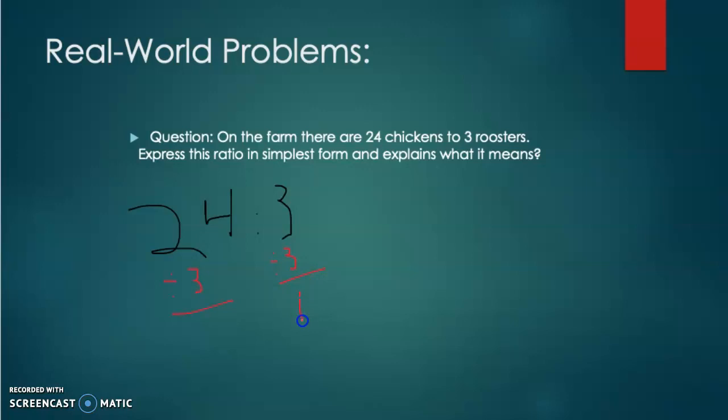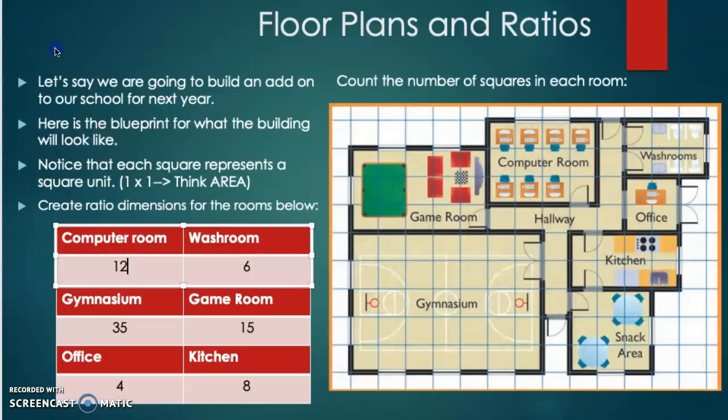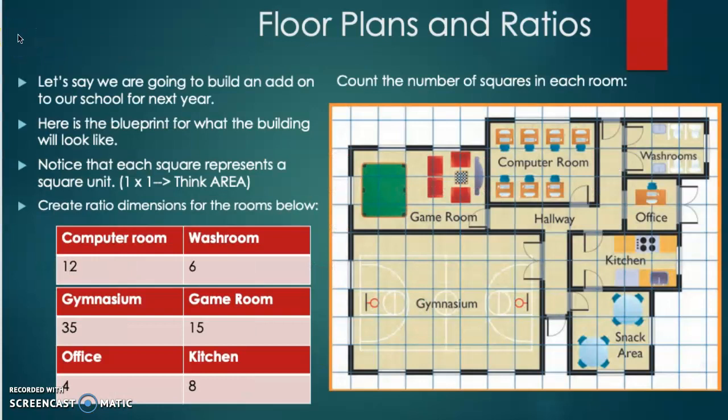So this is going to become 1 and 8. That means for every 8 chickens, there is 1 rooster. So that is another equivalent ratio.